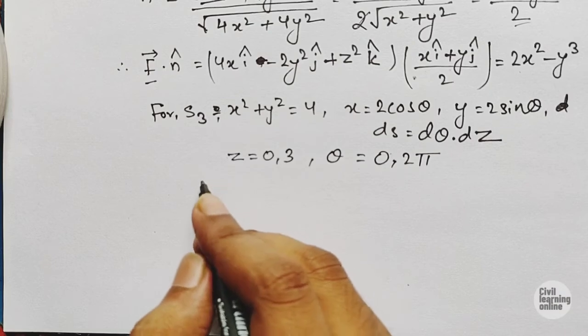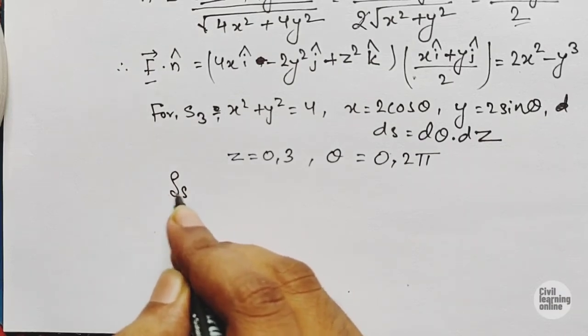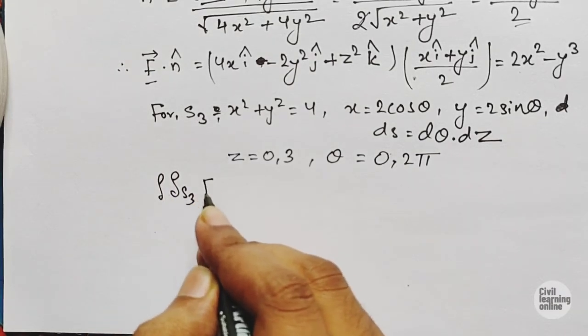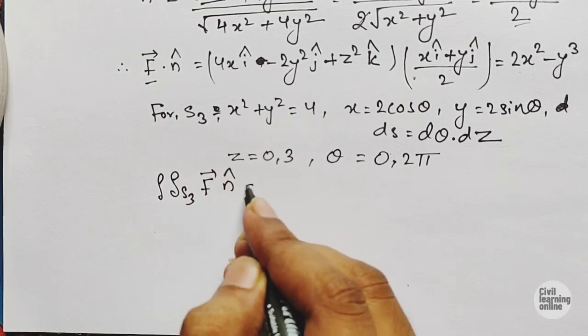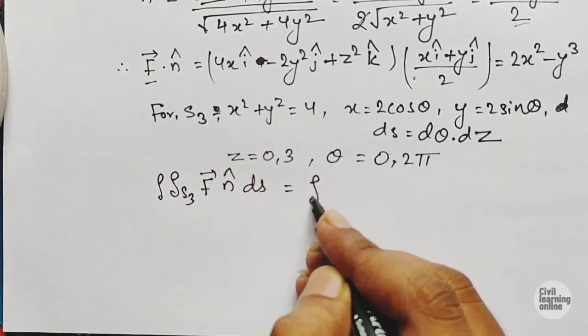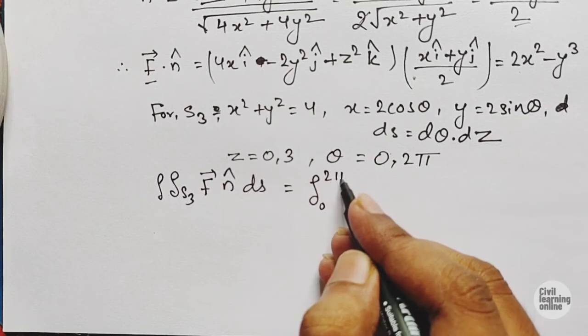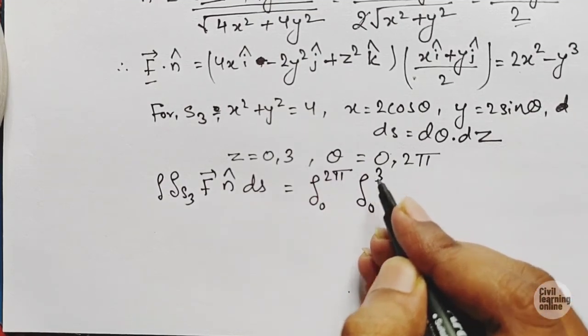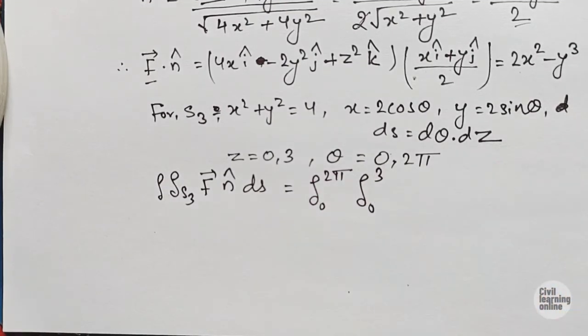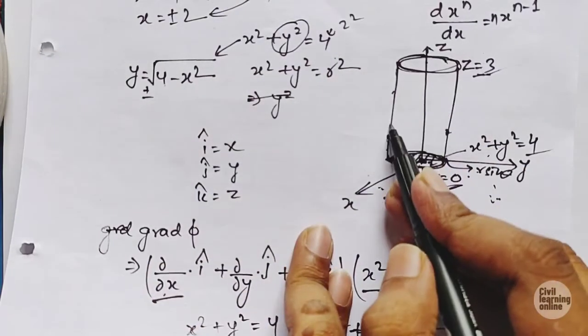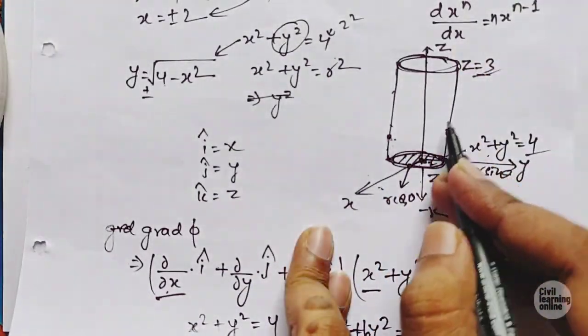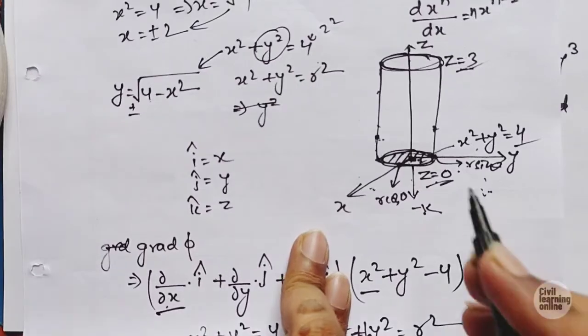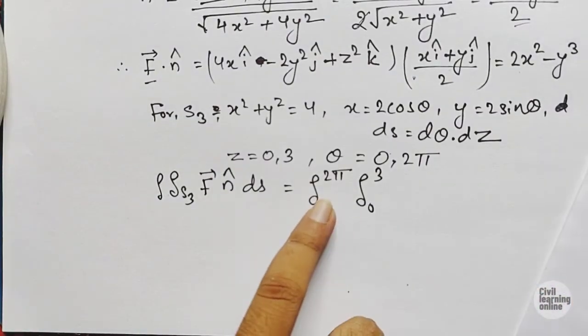So the surface integration over S3 of f vector dot n cap ds will be equal to theta varying from 0 to 2 pi and z varying from 0 to 3. Here in the diagram, the circumference is along the z axis, and we also have theta, which varies from 0 to 2 pi.